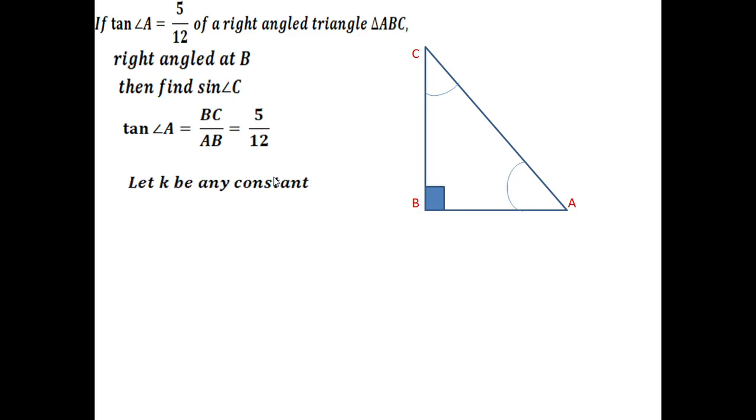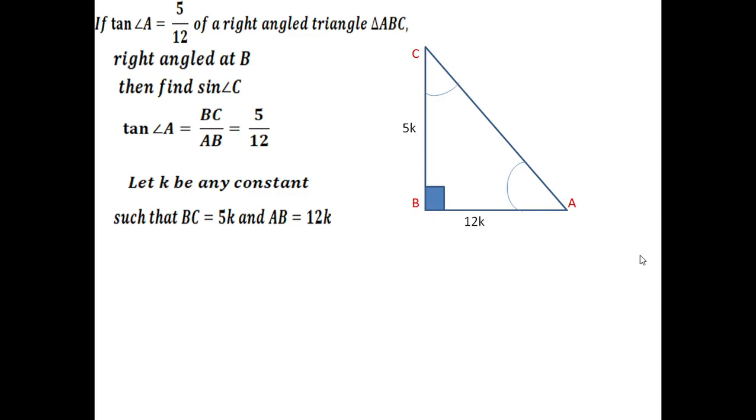So let K be any constant such that BC is 5K and AB is 12K. Because this is BC by AB, it is a ratio, not the exact length of BC and AB. So this consideration of constant is very important.